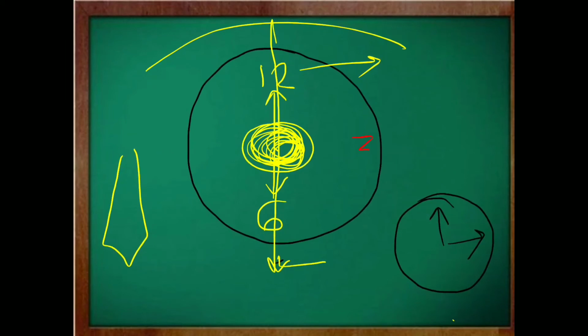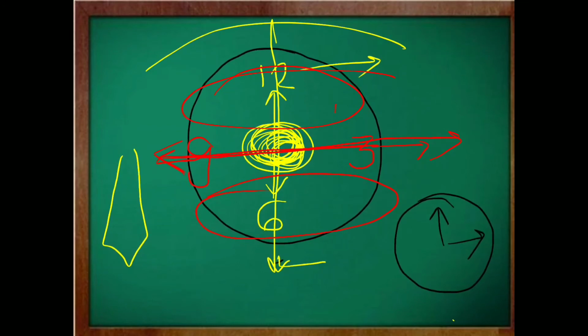Similarly, if we take the 3 o'clock position and the 9 o'clock position and draw a line from 3 o'clock to 9 o'clock position, we would be dividing the eye into two hemispheres again, the superior hemisphere over here and the inferior hemisphere. So this is called the horizontal meridian, right? So understood?